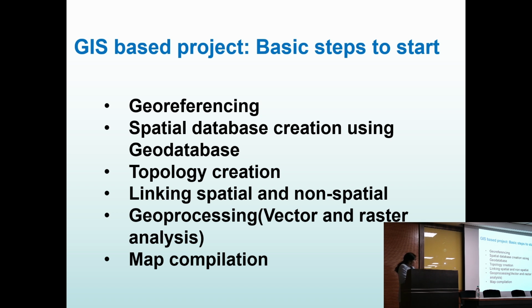Next, you have to create a spatial database, meaning a database which is a replica of real world features or phenomena, using two different data models: the vector data model and the raster data model. After creating a spatial database, you have to perform topology creation. Topology creation is very much required in case of vector data. In the real world there are different types of spatial relationships.